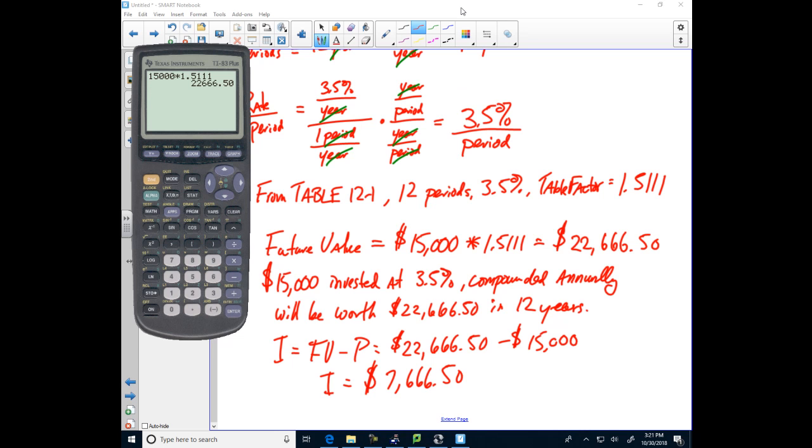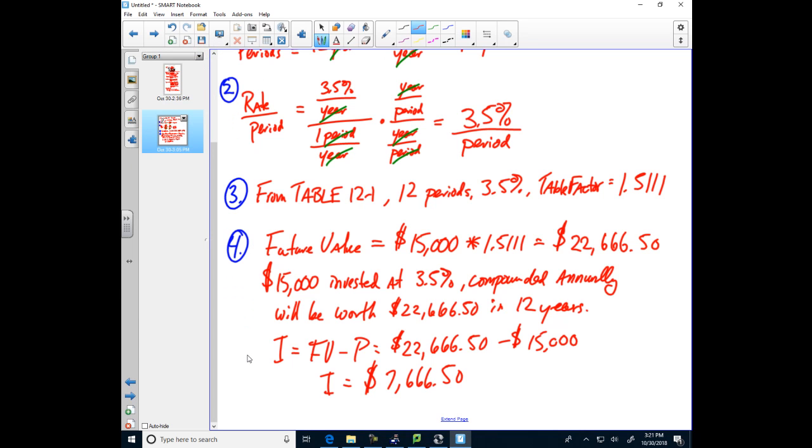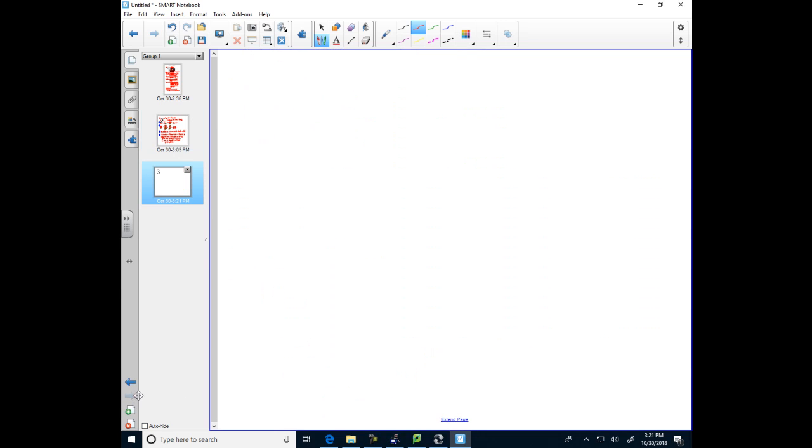It's just like 1, 2, 3, 4. Let's do another one. A little more complicated. I think I'll get another page. Problem 12.4. We're still on 315.